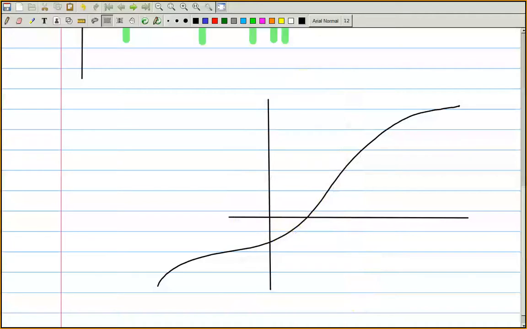Starting again with the full range. Let's say from there to here.